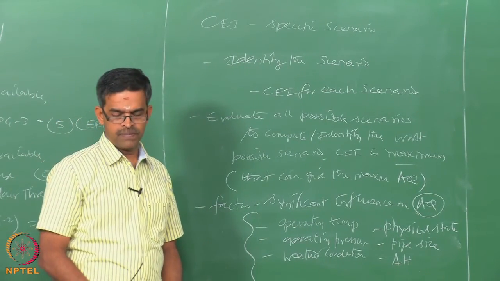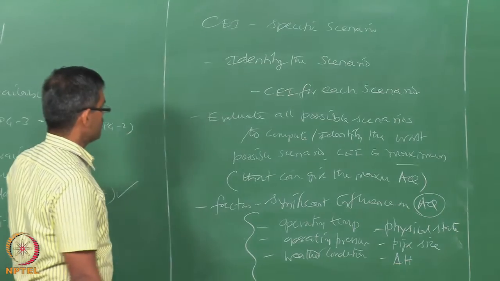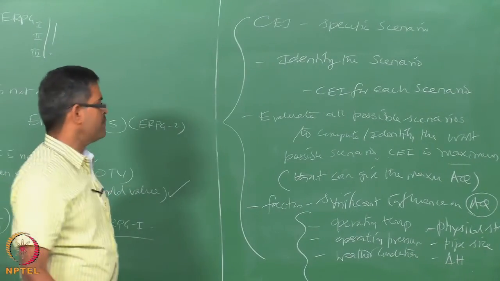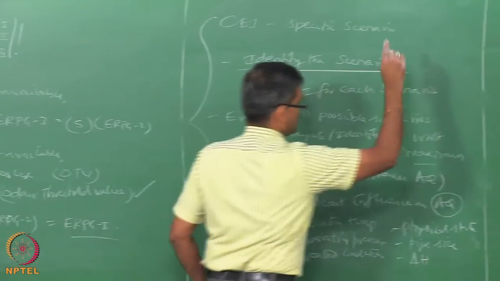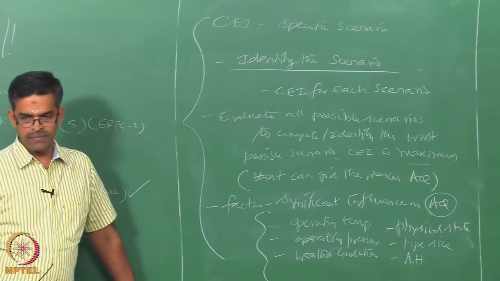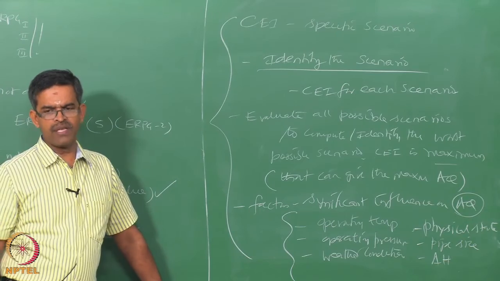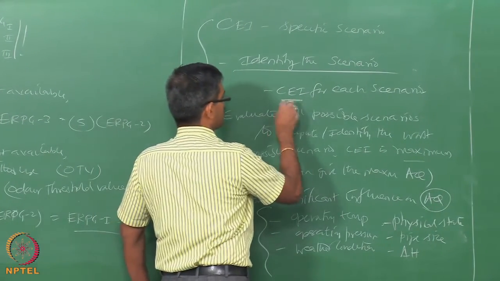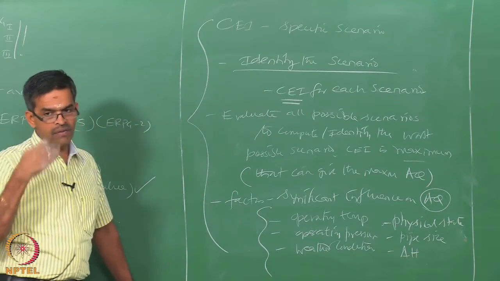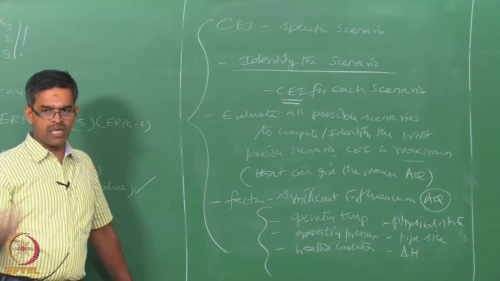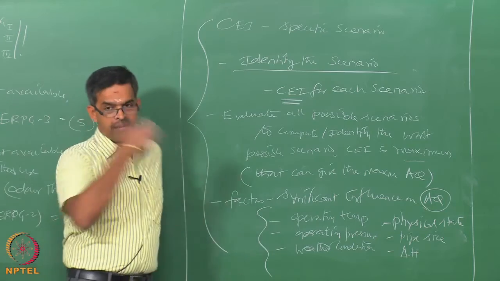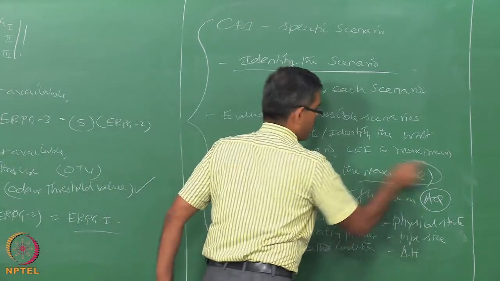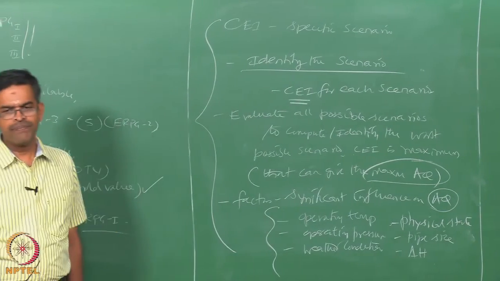So, interestingly friends, the whole exercise of CEI amounts to identifying various scenarios. So, in a given process plant, you must try to identify various scenarios. For each scenario, we must obtain the chemical exposure index, then try to identify the worst possible scenario whose CEI index is the maximum, or alternatively the scenario which can give me the maximum airborne quantity.